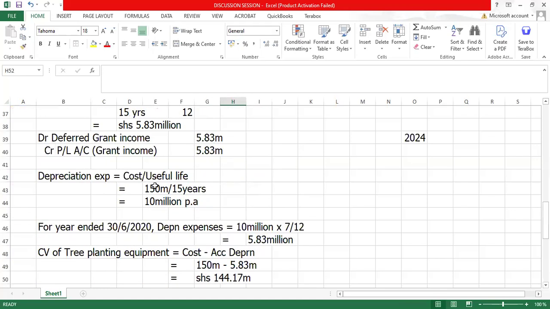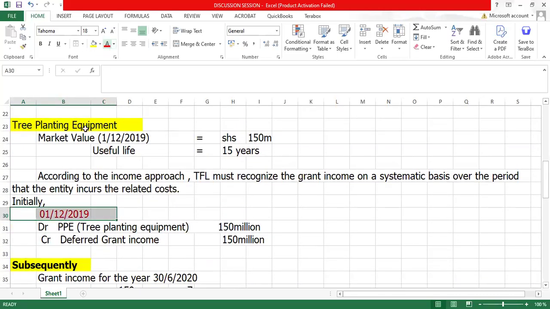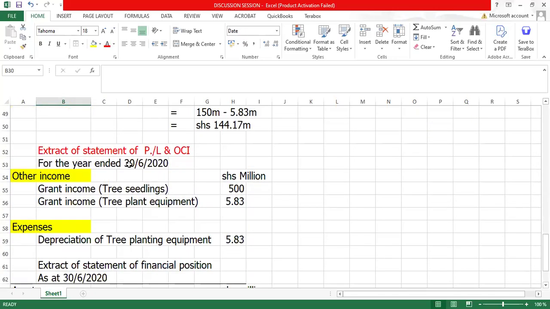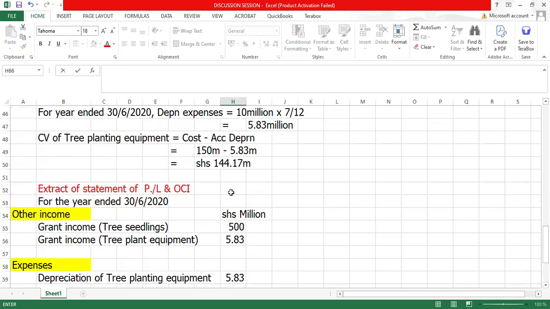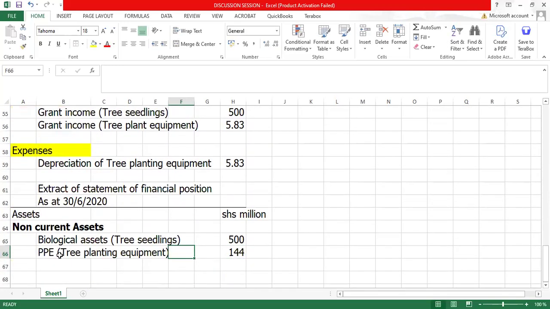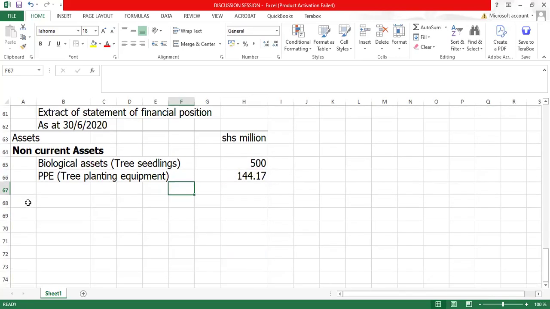Because of the depreciation, remember this figure was added at 1st December 2019, but we are reporting here 30th June 2020. It means that the value has reduced because of depreciation. So it is 144.17 million. Those are the only assets we have.